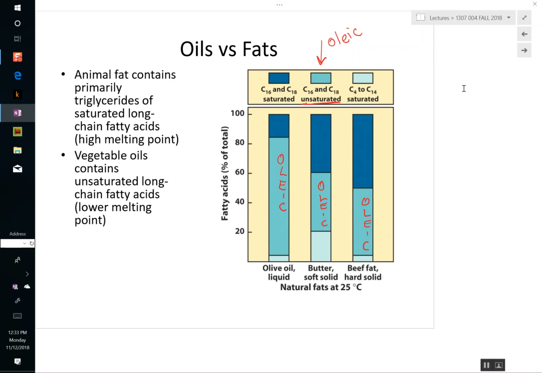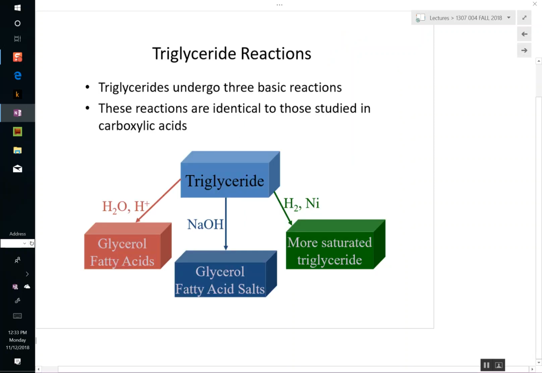Beef fat, there is some oleic acid, not as much. There is some stearic acid, a lot more. And there are some other fatty acids. So there's 3 different fatty acids there. So that's what we mean by a mixed triglyceride. So you can actually go in and look at coconut oil or any other oil you want and see what fatty acids make those up.